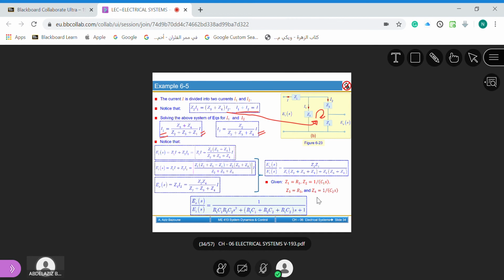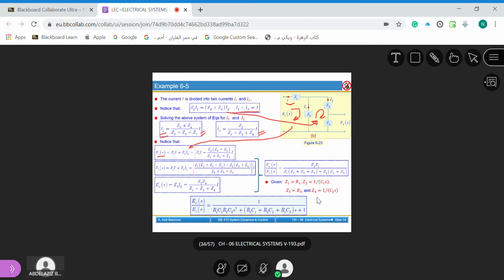Now Ei, the input voltage, for the inside loop, will be Z1 times I plus Z2 times I1.